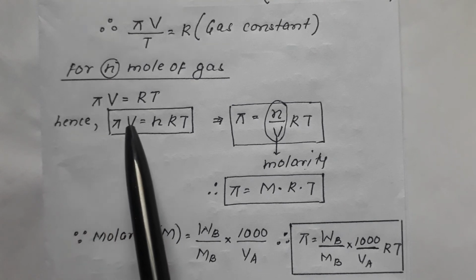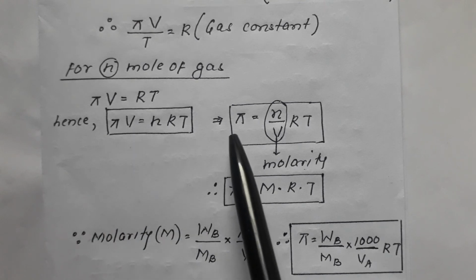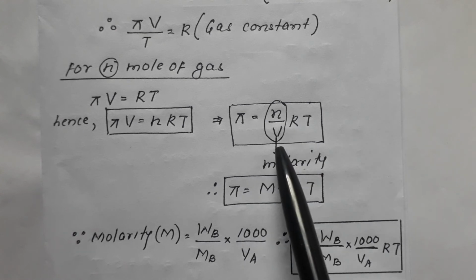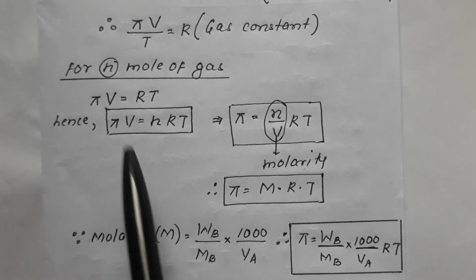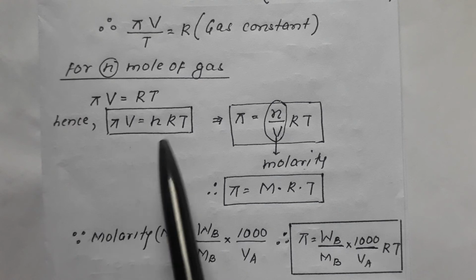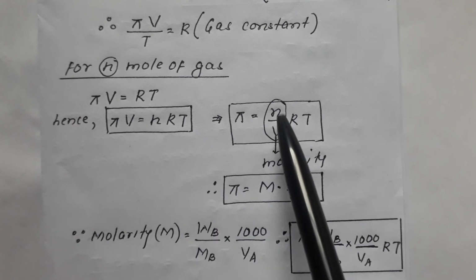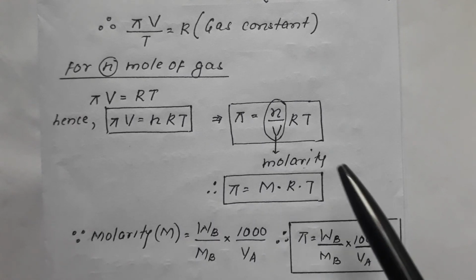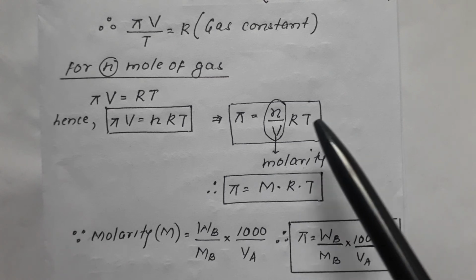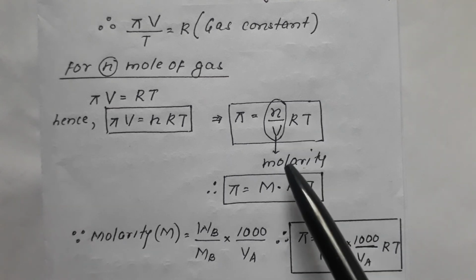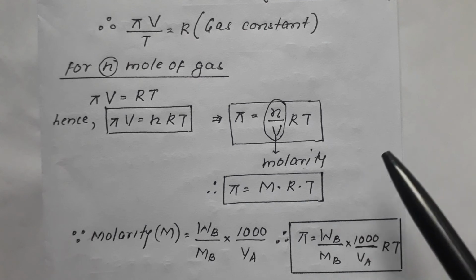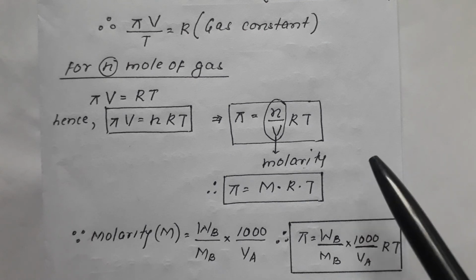Now if I bring V in the denominator, it becomes pi is equal to n by V into R into T. As we have already discussed in the previous videos, n by V is termed as molarity. You may refer to the molarity video if you want.